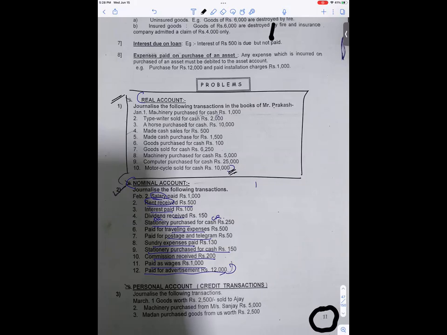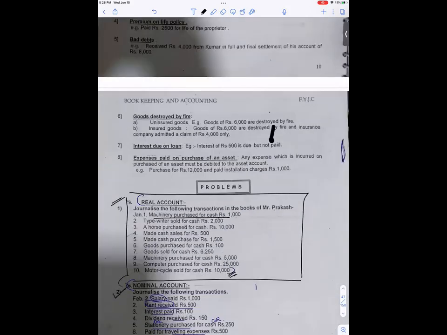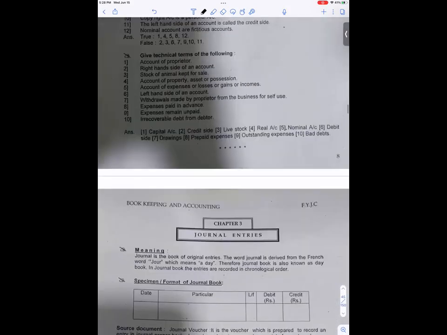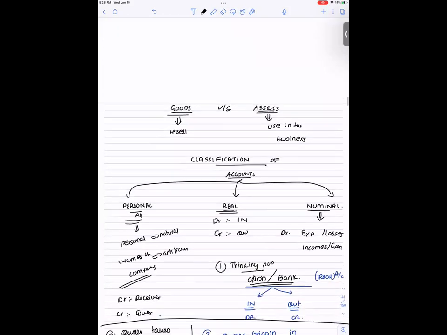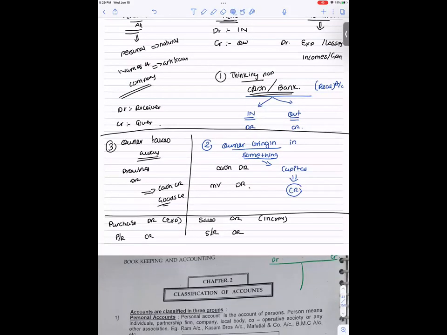Come on, first one. First thinking point is cash or bank.